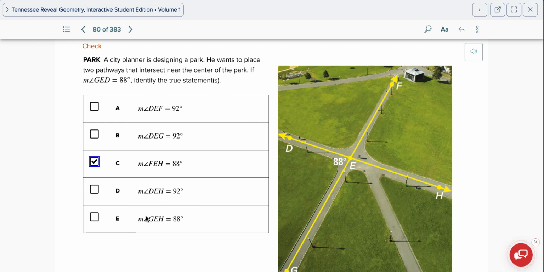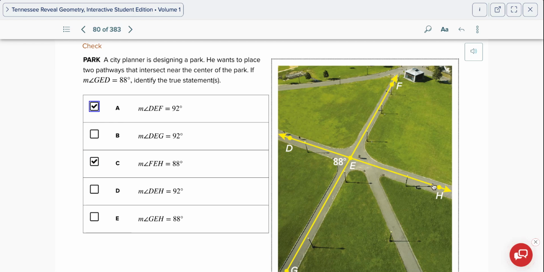So this one is a bad answer. If the left is 88, the right is 88, and those are the only 2 that are 88. 180 minus 88 gives me the top angle and its opposite vertical angle. So DEF is 92. That's a good answer.